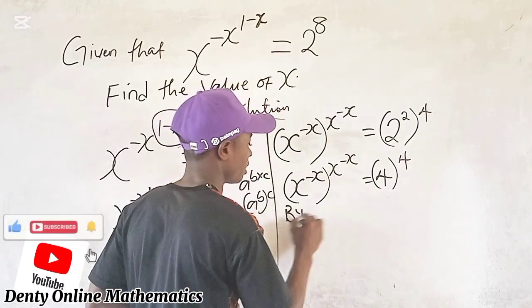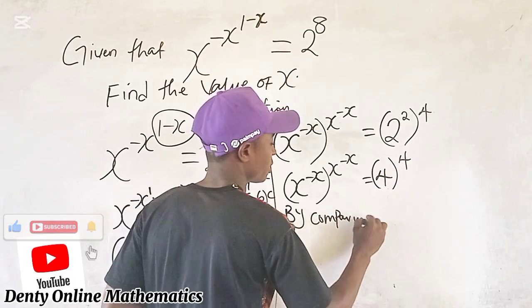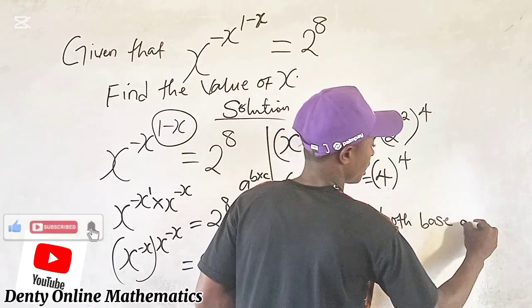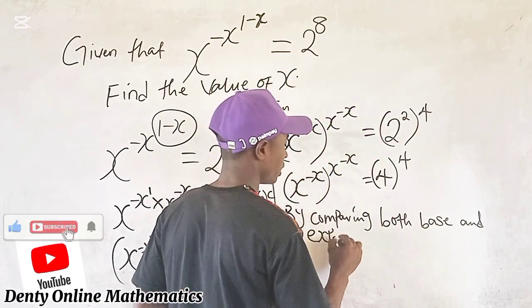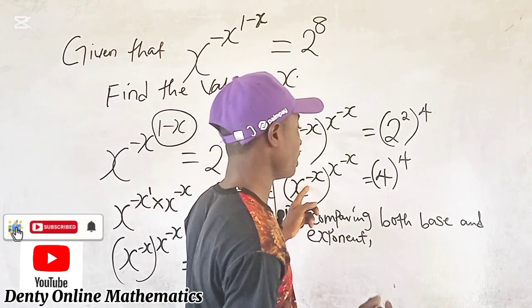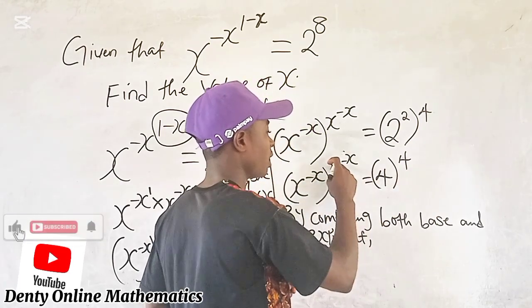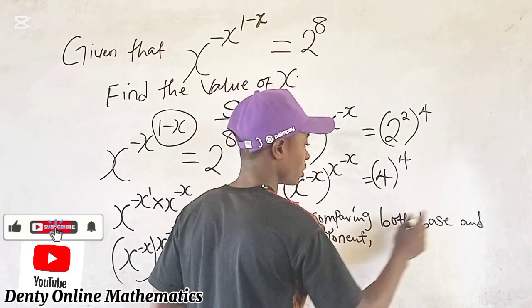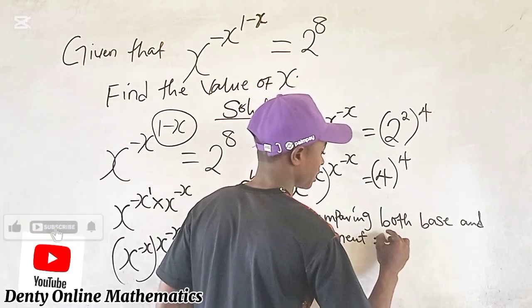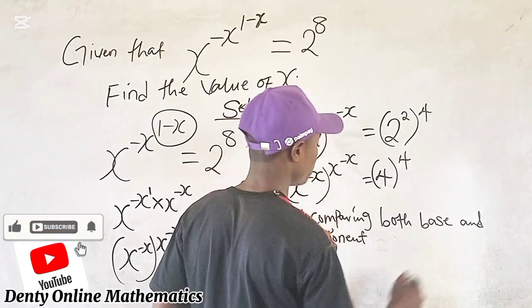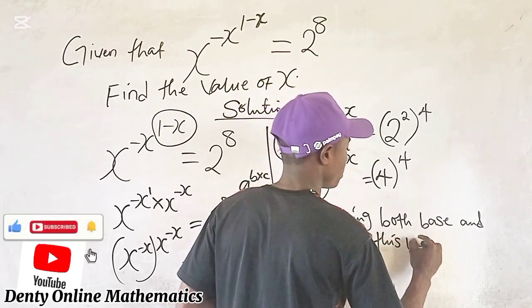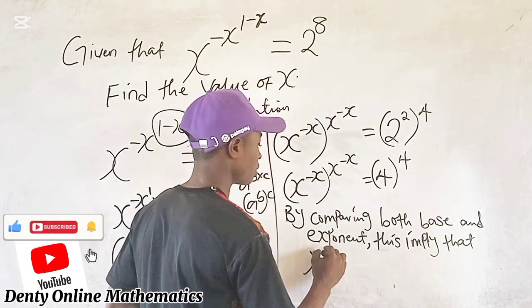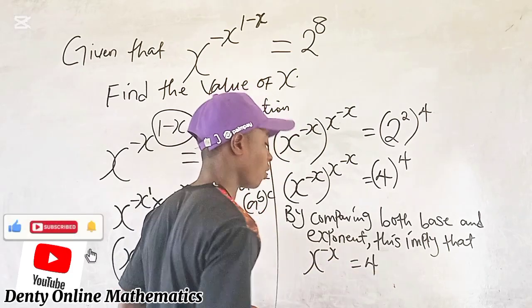So by comparing both base and exponents, this implies that x raised to the power of minus x is equal to 4.